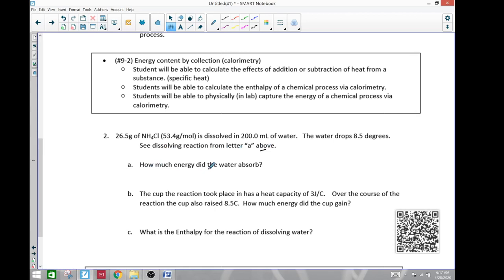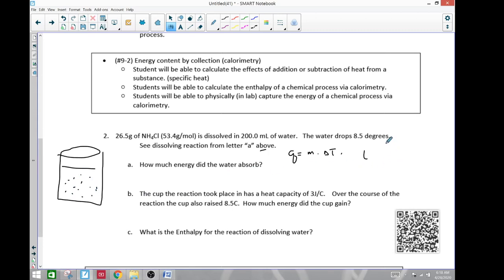Okay, so the way we do this is we use Q equals mass times change in temperature times specific heat. So we have this beaker with some water in it, and since this stuff is fully integrated into the solution, we have a new substance here.